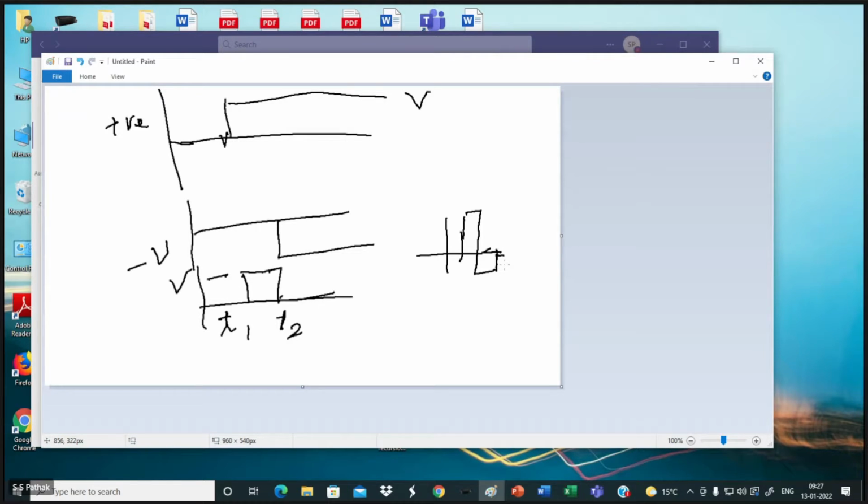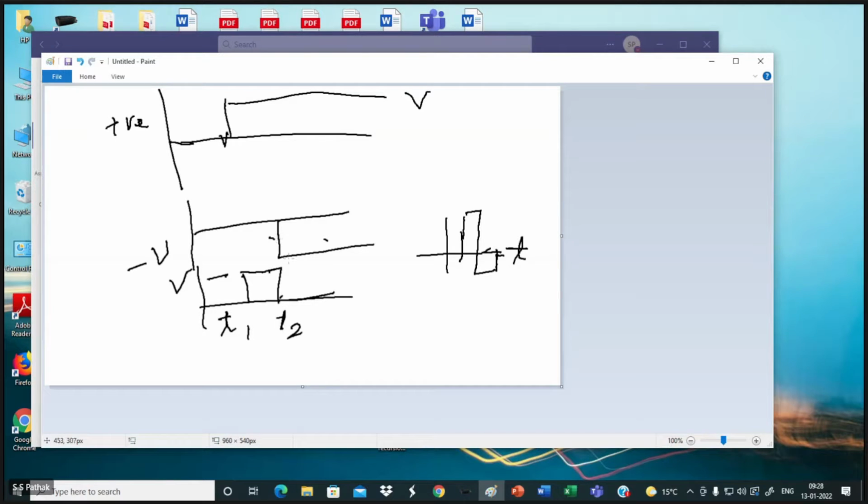Here it will not be a combination of two unit step voltages, so we cannot call it a pulse. It will become some kind of a square wave or some other wave you can call it. Here is a time t. So a pulse means it is going to some voltage V and becoming 0. That is your pulse. It is a combination of a positive unit step function and a negative unit step function.